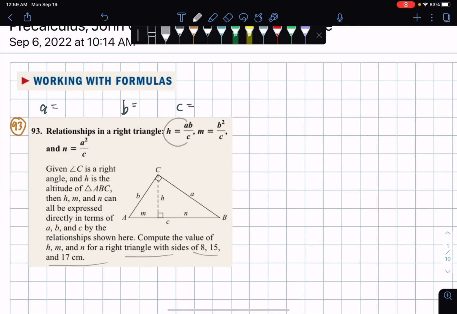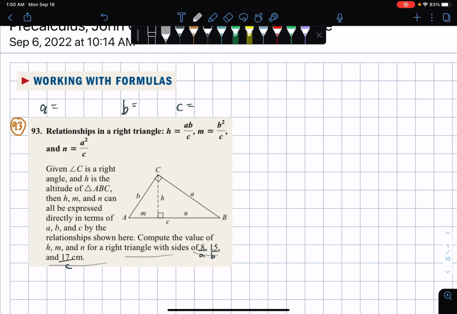In order to work these combinations, we have to find first what A, B, and C are. I think this poses as a clue: right triangle with sides 8, 15, and 17. Probably this could be A, B, and C. How is it specifically A, B, or C?